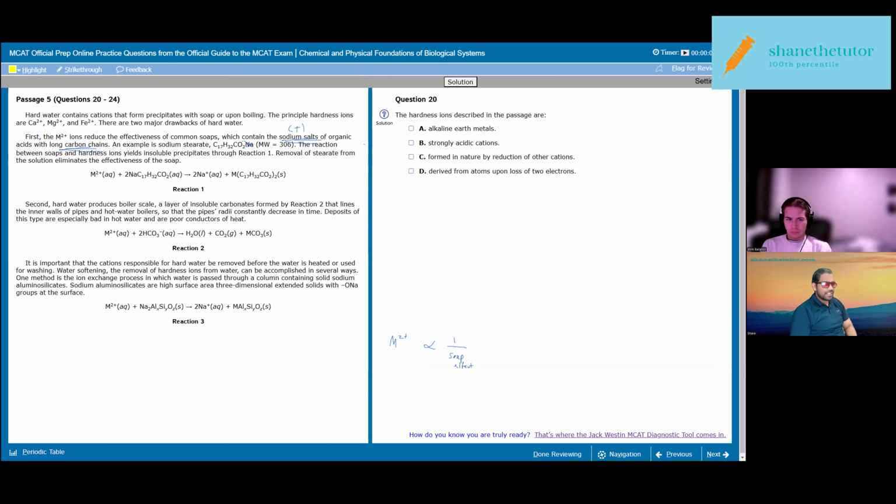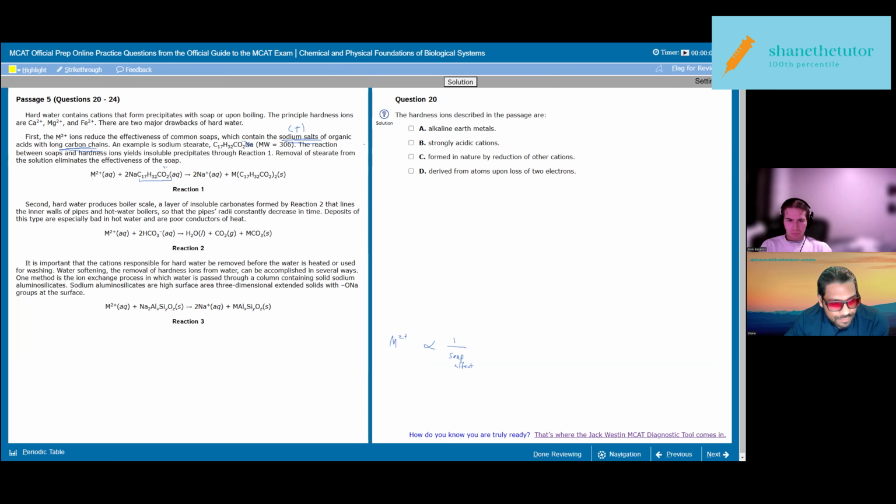The reaction between soaps and hardness ions yields insoluble precipitates through reaction one. So we know that it forms precipitates with soap, and now we have the reaction here. We have our M2+ cation, we have our sodium stearate. It dissociates into the sodium ions, and this would typically have a 2 minus charge, right?